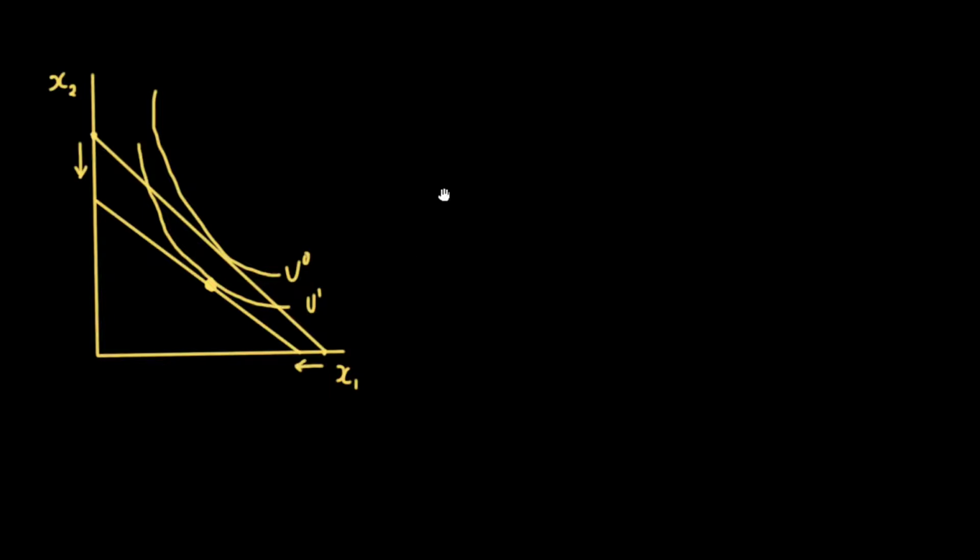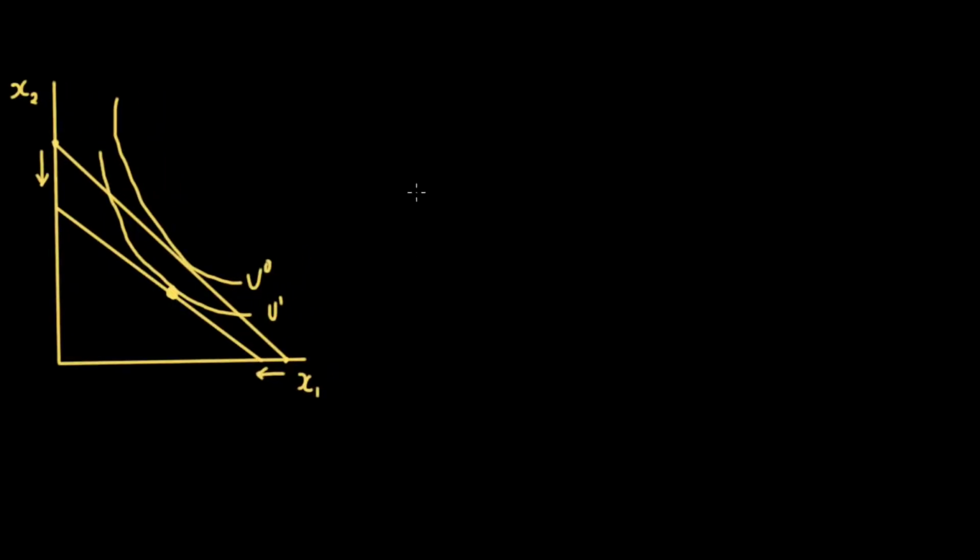And that is what we call the compensating variation, in short, our CV. And so what we're trying to find with our CV is how much the consumer has to receive to stay on the same utility level.